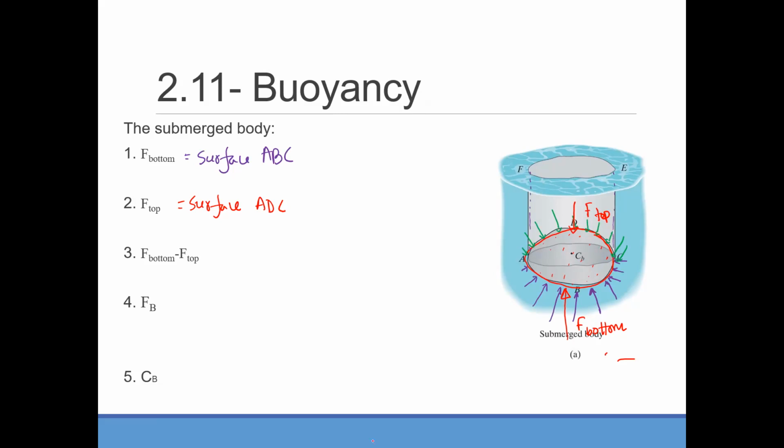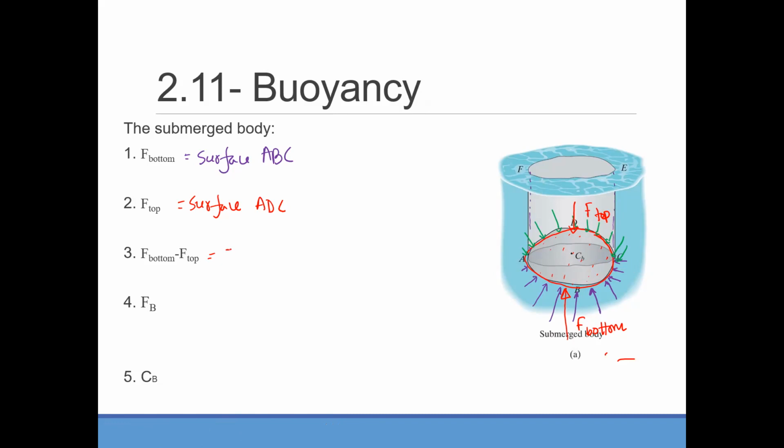Now that F bottom and F top, in between these two, what is happening here? Obviously, the difference between these two is actually the weight of the liquid. This object actually displaces the liquid, this blue one.